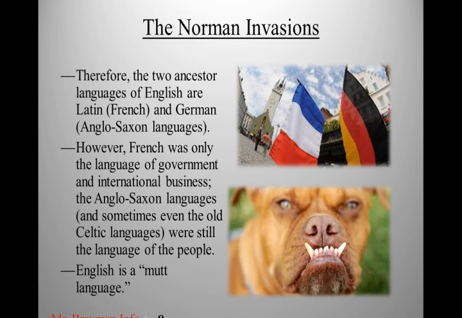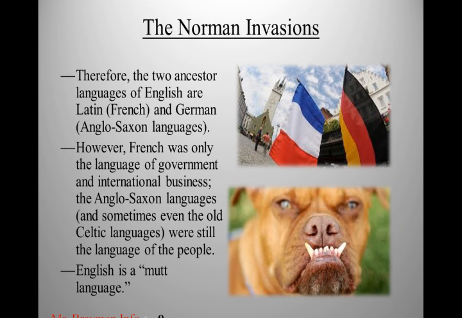English is a mutt language, and that is part of why English is so hard to spell, because you have spelling rules for words that come from Latin and French. You have different spelling rules for words that come from the Germanic languages. And as we're going to see, there are some different spelling rules for words that come from Greek.